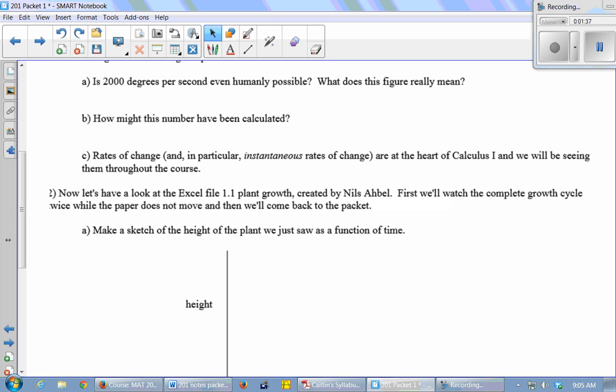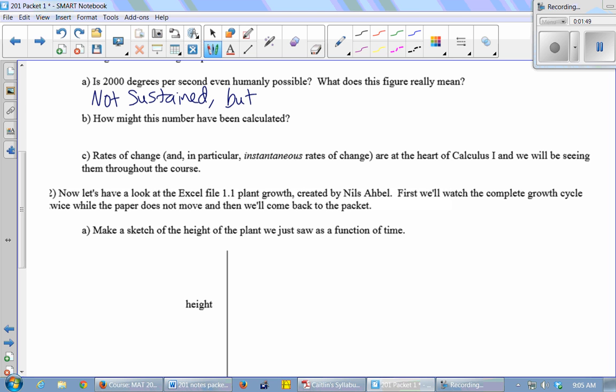Sustain it, probably not, but maybe instantaneously. His foot is rotating at 2,000 degrees per second, but maybe he could hit that speed in an instant.